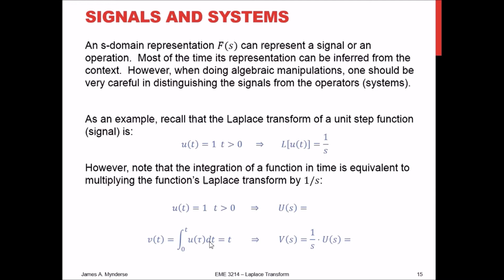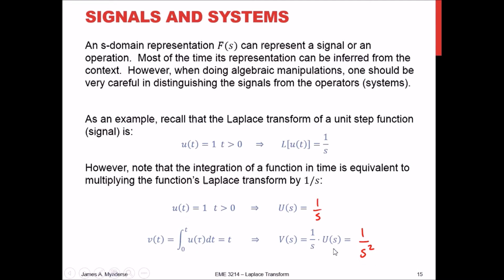Remember that the Laplace transform of a unit step function, u of t equals 1 for time t greater than 0, is 1 over s. But integration in time is equivalent to multiplying by 1 over s. So u of s is equal to 1 over s, but also if I have an integral, I get 1 over s squared.